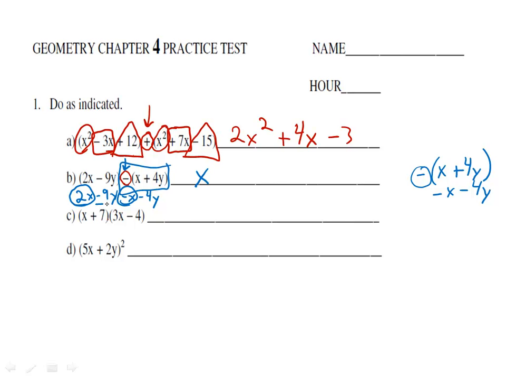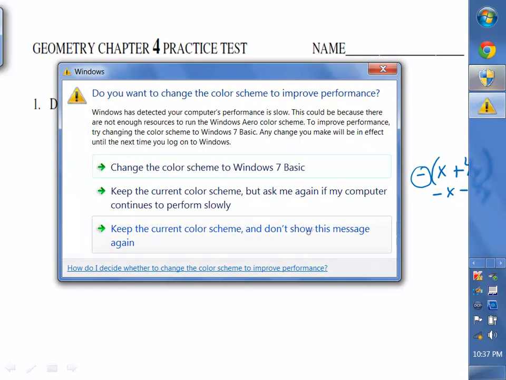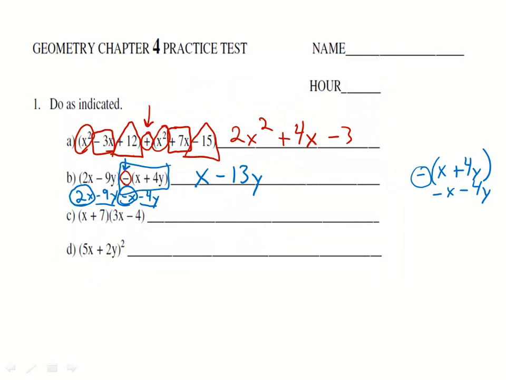And then I've got negative 9y minus 4y. That goes together to make minus 13y. So the critical piece is if you see a subtraction sign in between these polynomials, then you've got to distribute that negative through the second set of parentheses only, not the first set, just the second. And it turns everything inside that second set of parentheses to its opposite. Alright?